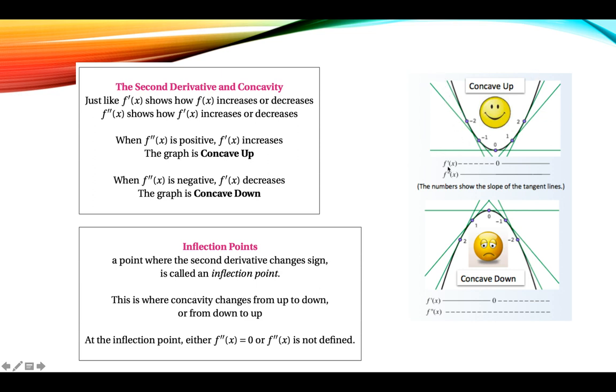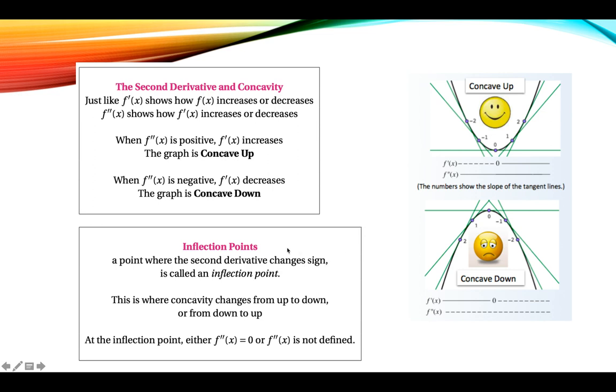So one thing that we can do is make a little sign chart down here, and we can chart where the first derivative is negative, positive, and equal to 0, and then the same thing for the second derivative. So here we go.